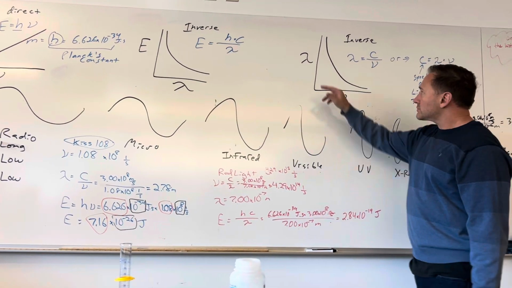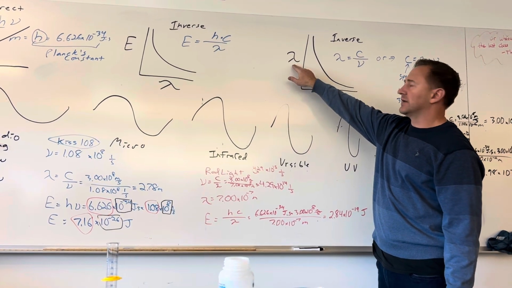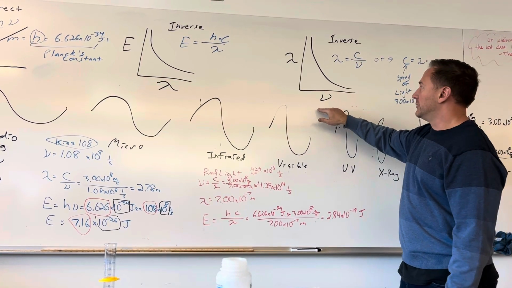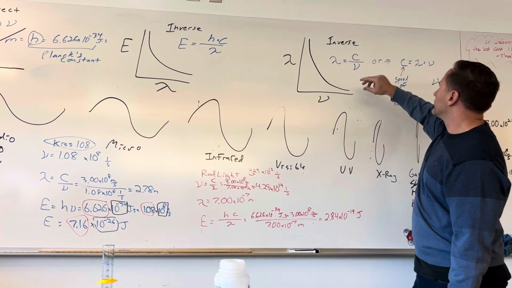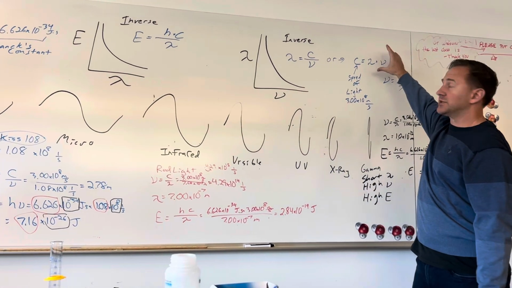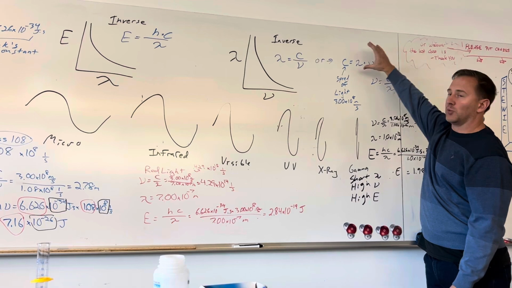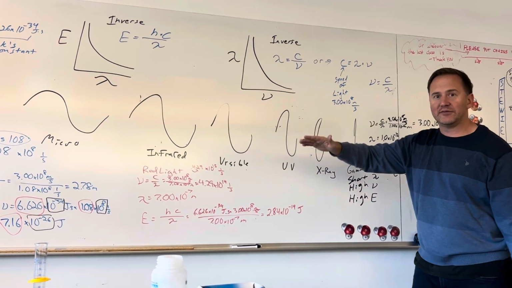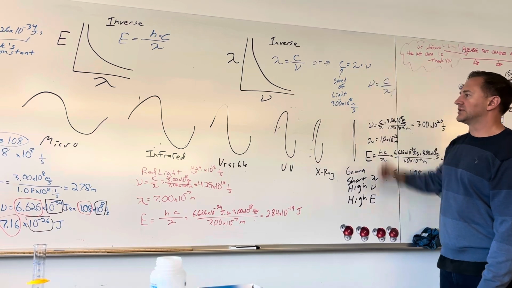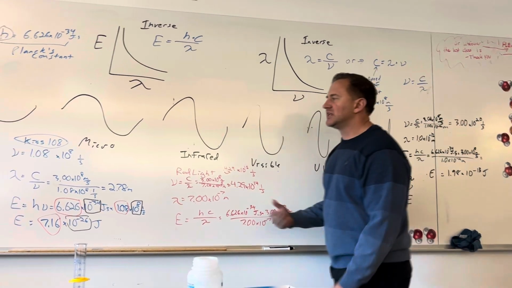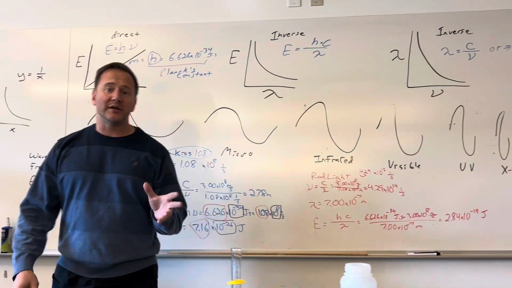And lastly, the relationship between wavelength and frequency is going to be inverse as well, and that's related by the speed of light. So most of the time you'll see it written like this, where the speed of light is equal to the wavelength, so how long the wave is, times how many cycles it goes through per second, which is our frequency.